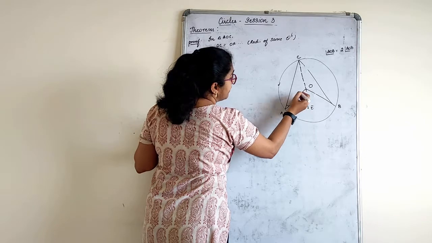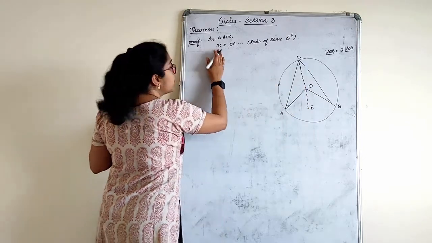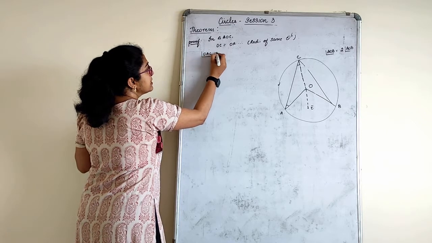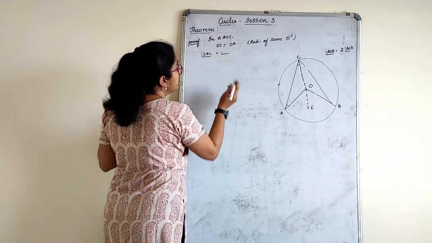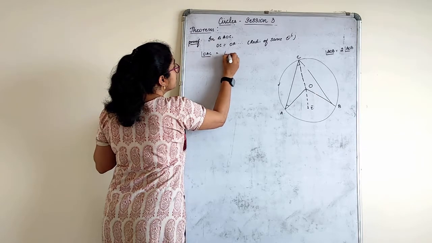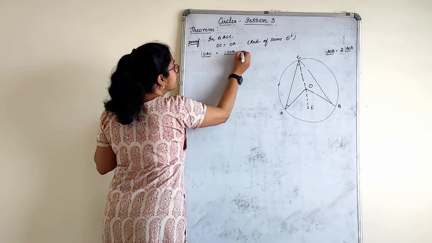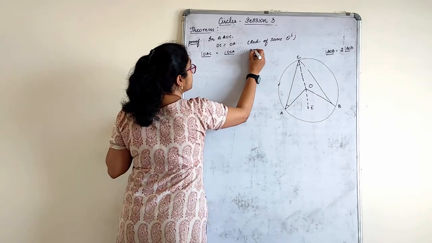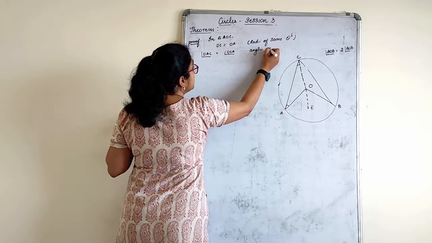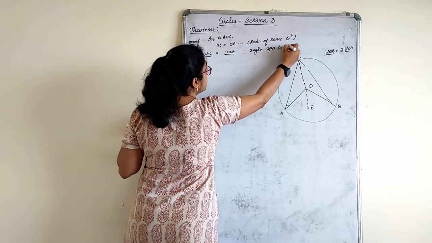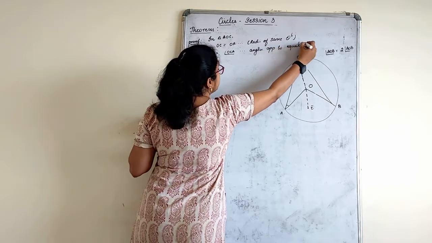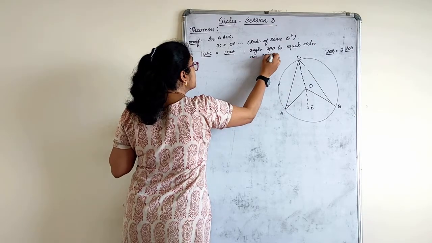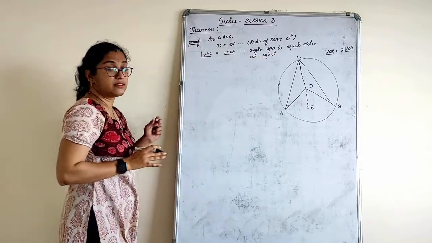This angle. And if it is OA, this angle will come. With respect to OC, can I tell that angle OAC is equal to angle OCA? Angles opposite to equal sides are equal. Keep this as this.